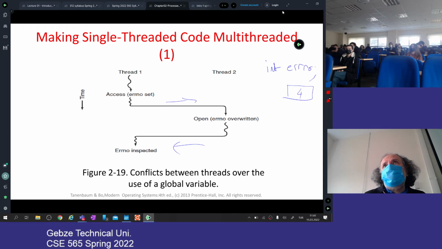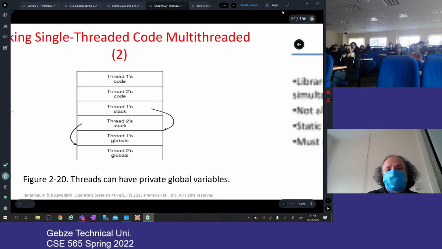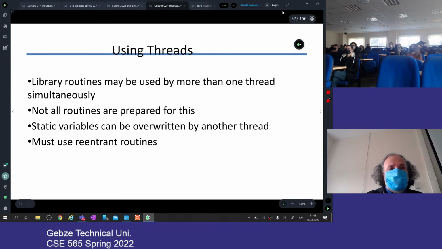You might say that, well, I am not using global variables much, but there are some C functions that use global variables a lot. Some of them are, for example, strtok. It uses some static variables in it. What's a static variable? A static variable is just a global variable, actually, right?